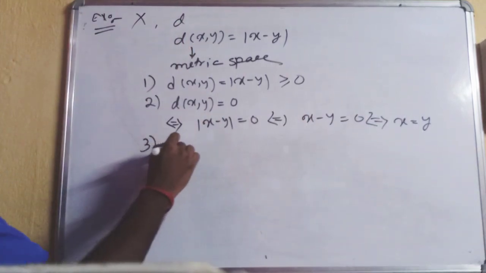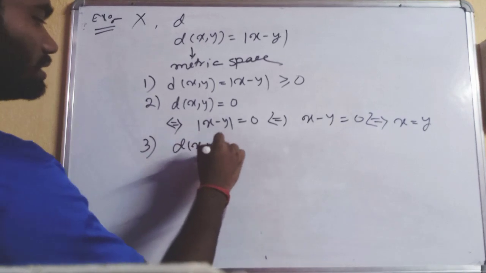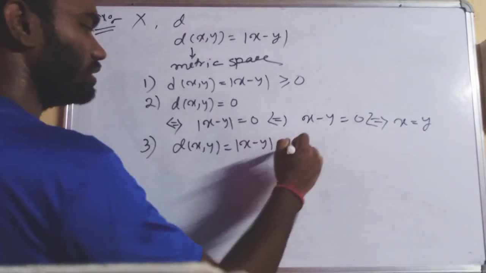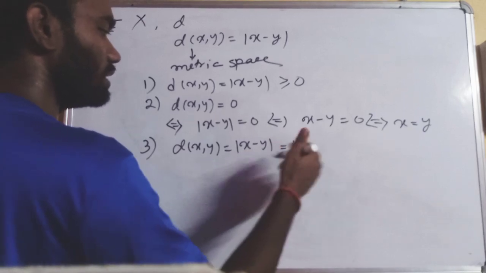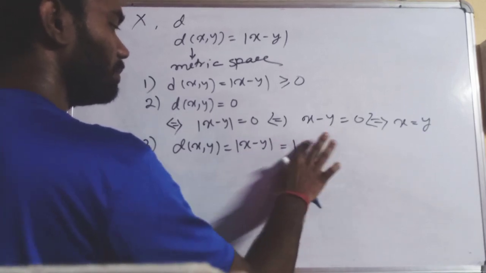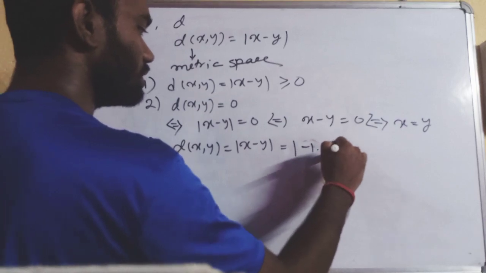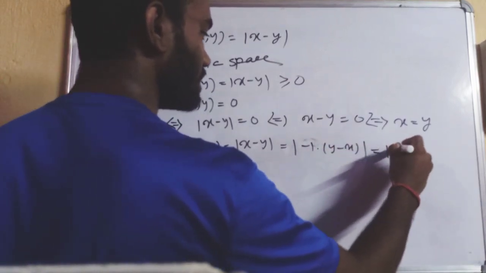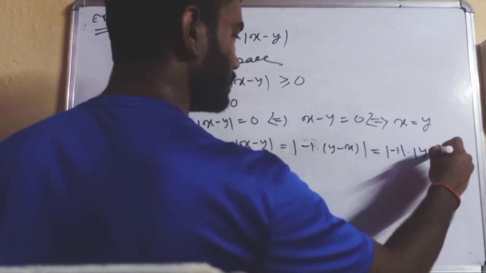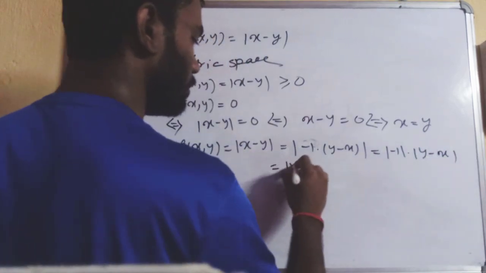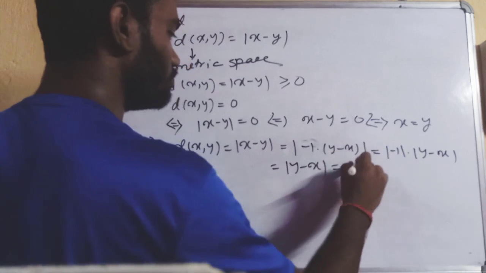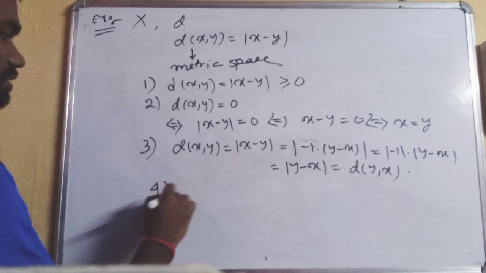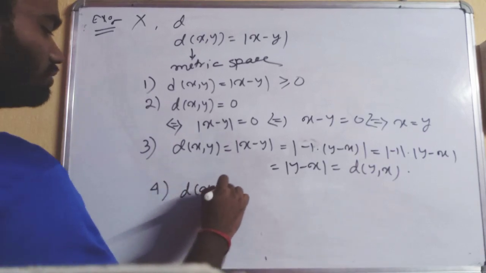Number 3, d(x,y) equals modulus of x minus y. If we take minus 1 common, then we will get modulus of y minus x, which is equal to d(y,x). And number 4, it is the triangular inequality.